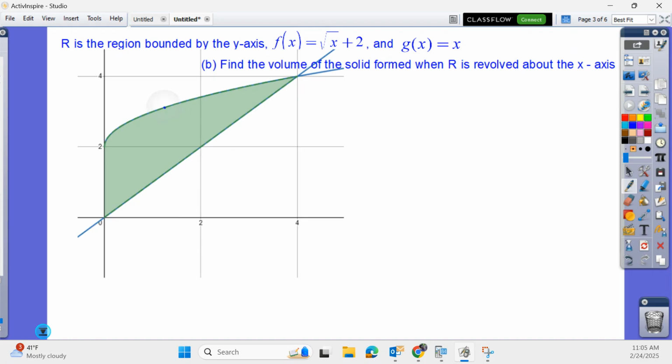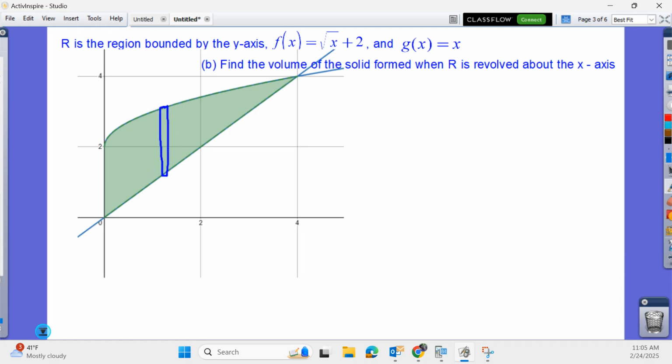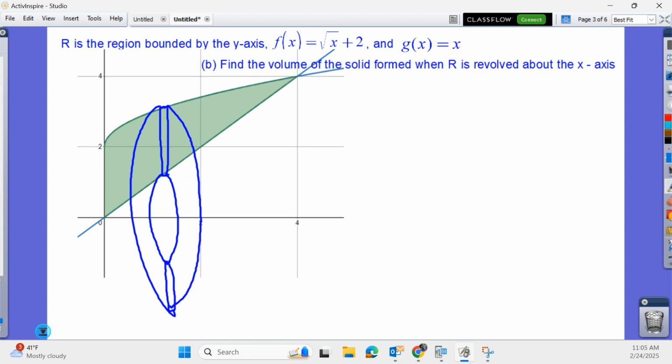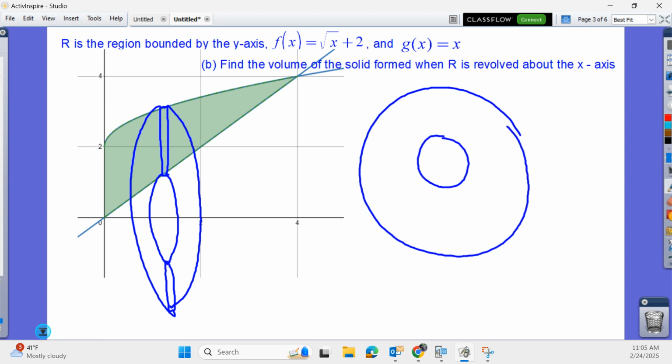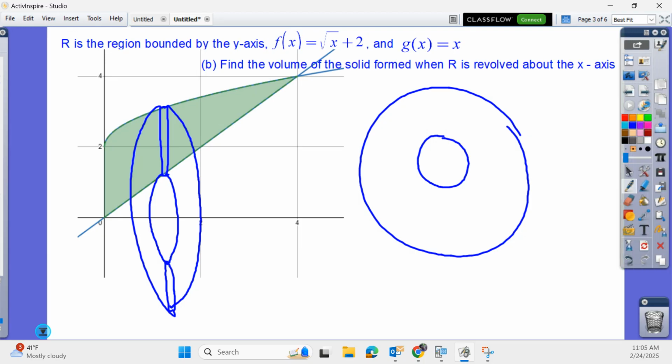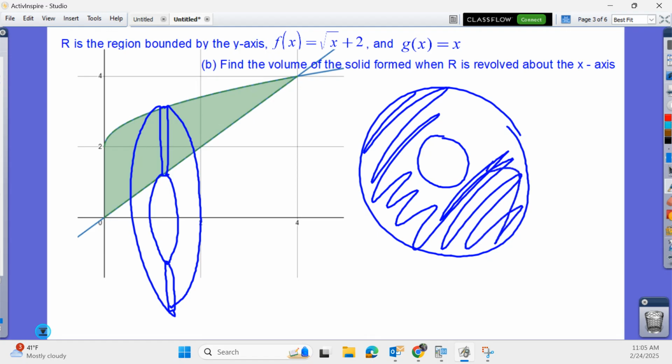So if you picture that ith subinterval, what you need is the cross-sectional area of one of these washers. If you took this washer and pulled it out of the board and laid it flat, it looks like this. How do you get the area of this region with a hole in the middle? That's the area we need.